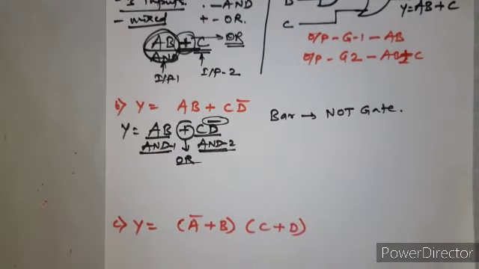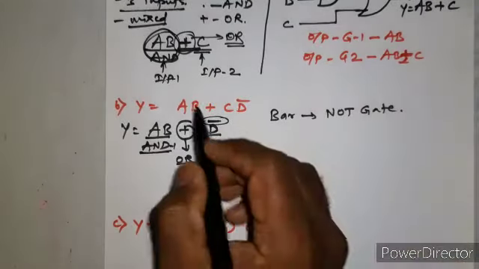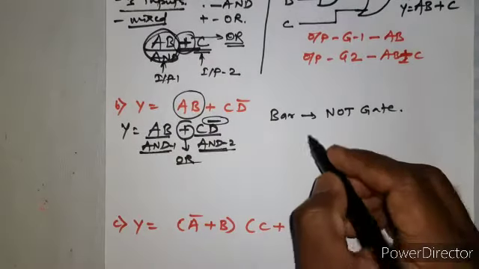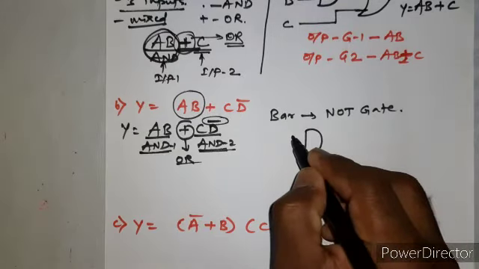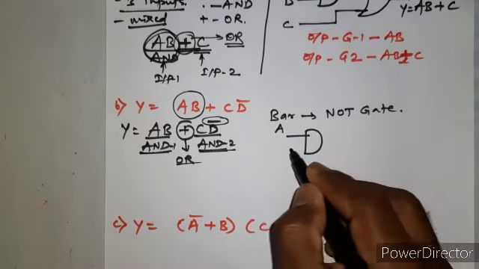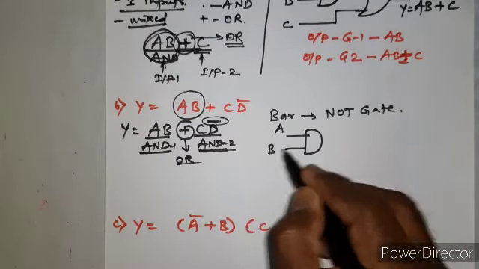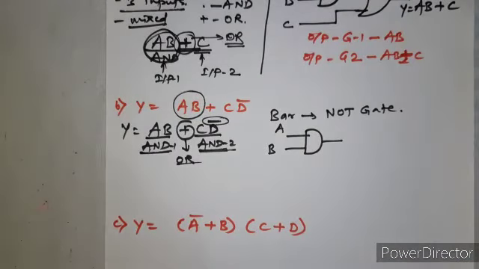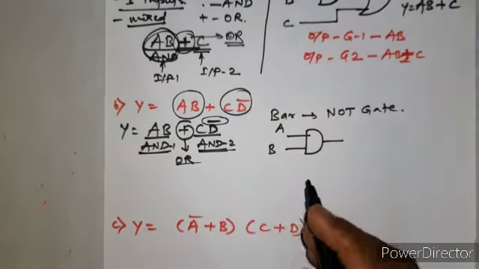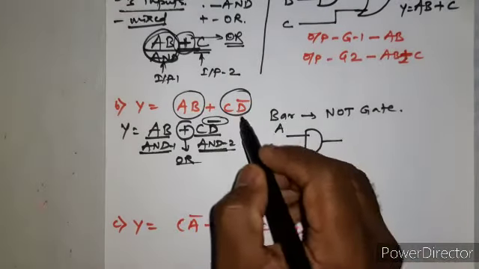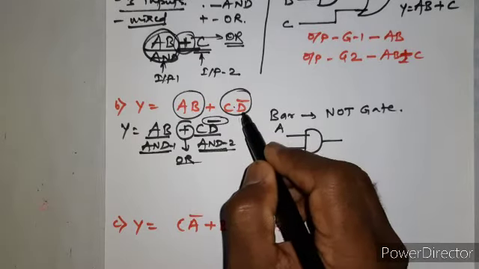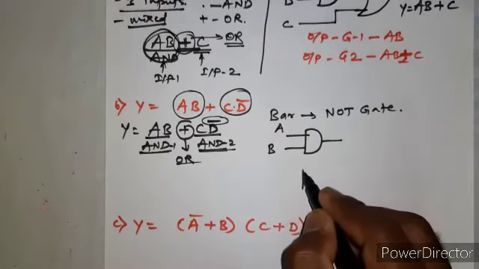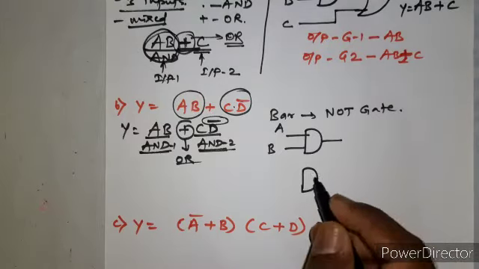And then how can we draw this? Again, it is very simple. First consider this AB. So this is A, this is B, and its output. Then consider this CD bar. This C is ANDed with D bar, so no doubt I need one AND gate here.